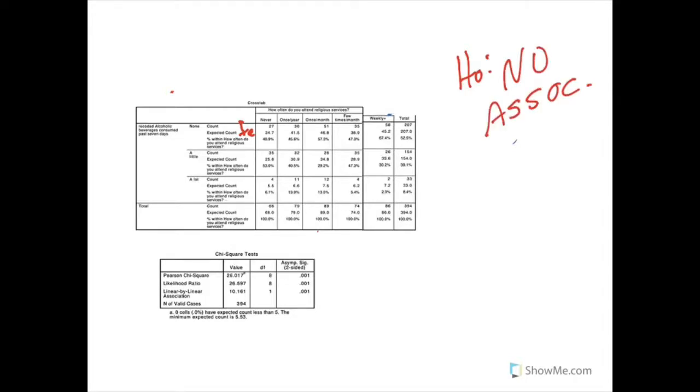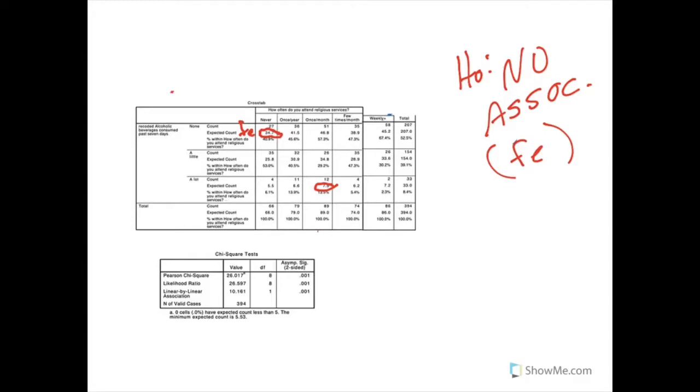So expected frequencies are saying this is what the table would look like if there was no association. So in other words, if there was no association, only 34.7 students would be in this cell. If there was no association, 7.5 students would be in this cell.